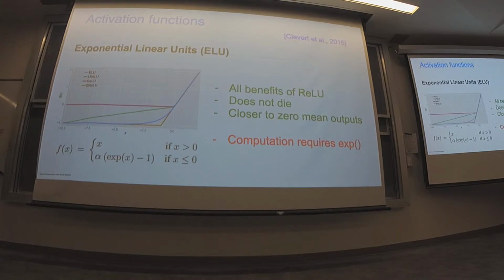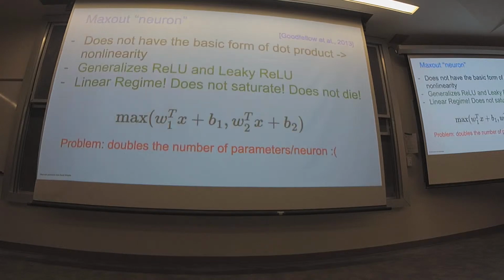You do get saturation of the gradient in a certain region, but it's usually for much more negative values than you would have gotten with sigmoid or tanh, and you get closer to zero-mean outputs. Unfortunately, because you have this exponential, you have to go back to computing an exponential, which maybe slows things down because it's a little bit harder to compute.